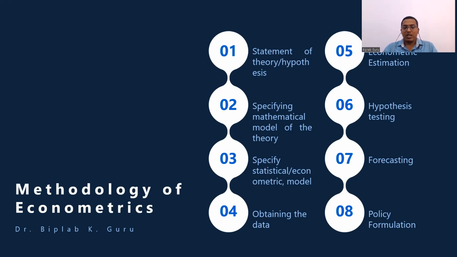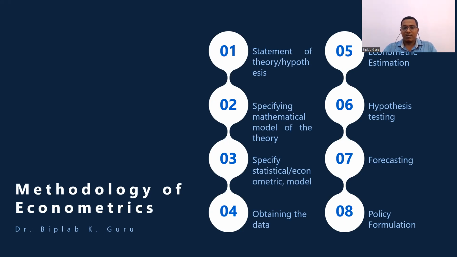Fourth, we obtain the data, and based on the data and the econometric model specified, we conduct econometric estimation. In the sixth stage, we carry out hypothesis testing of whatever hypothesis we have framed.